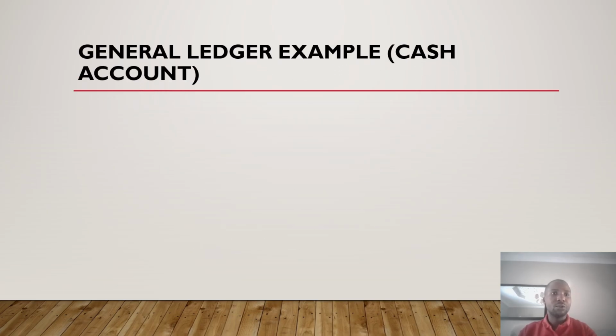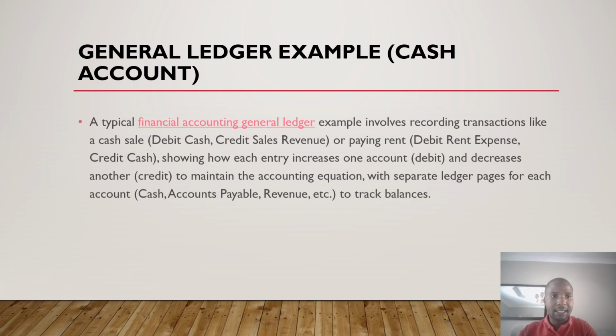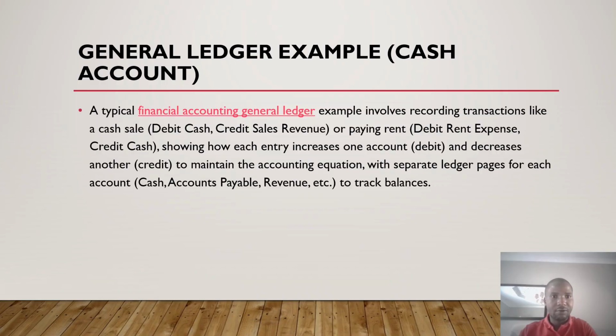So we're going to look at an example of one account, how it is recorded in the general ledger. From what we have discussed so far, you will deduce that the general ledger is simply an amalgamation. It's the central point, where all the transactions will fall after posting. A typical financial accounting general ledger example involves recording transactions such as a cash sale, where you debit cash and credit sales revenue, or paying rent, and so on.